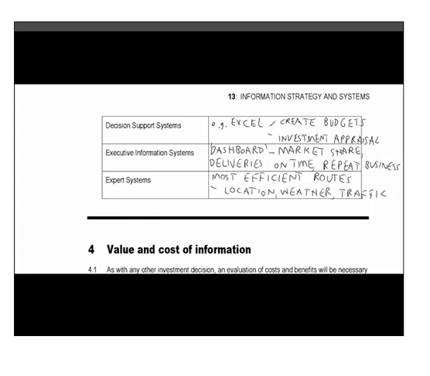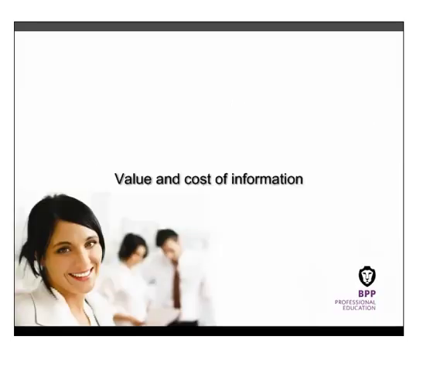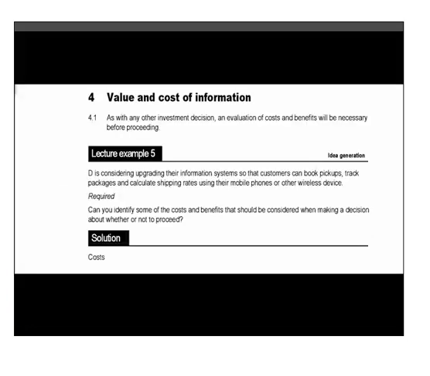We've already talked about how information systems, and IT in particular, tends to be very, very expensive. So if you're going to make a decision to invest in new systems, you need to make sure that you understand the benefits and they are justified by the cost of what you're going to invest. So you might need to do some sort of analysis.